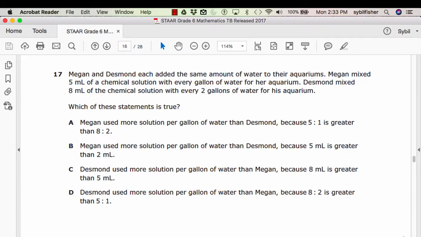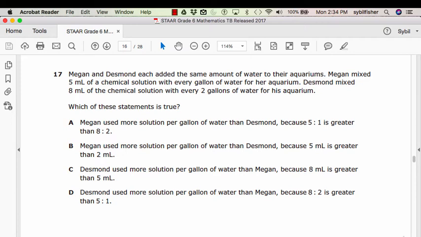A. Megan used more solution per gallon of water than Desmond because 5 to 1 is greater than 8 to 2. B. Megan used more solution per gallon of water than Desmond because 5 milliliters is greater than 2 milliliters.